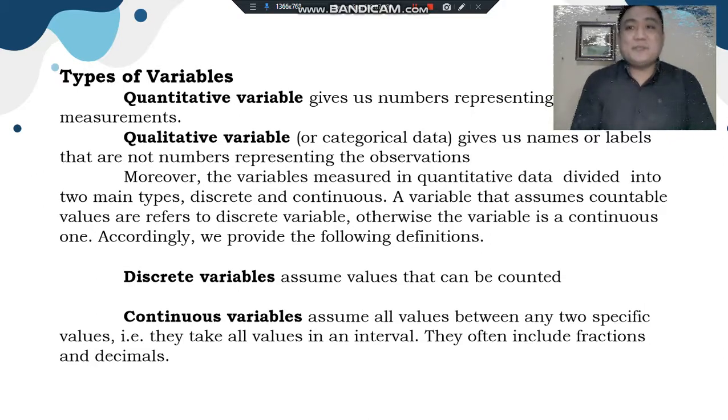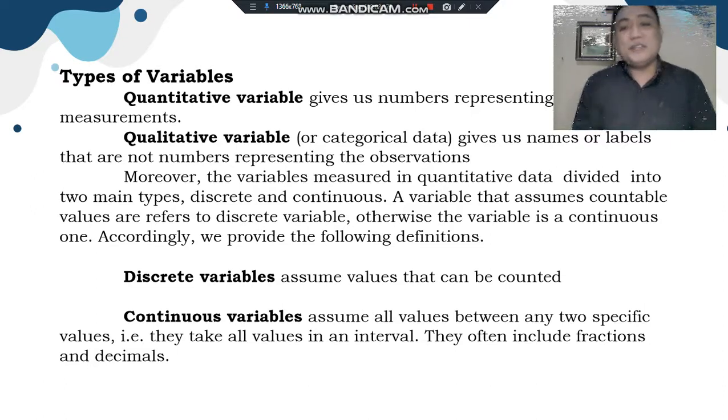For example, we can classify the cases of COVID. It can be asymptomatic, mild, or severe. But if we tally the number of infected people from these categories, then the number will go under the quantitative variable.